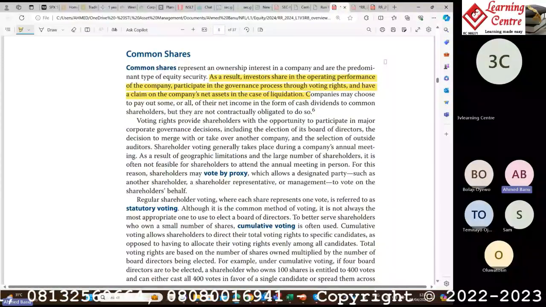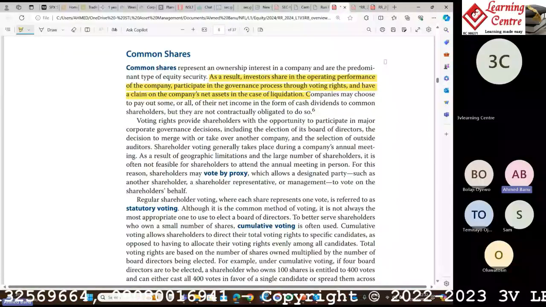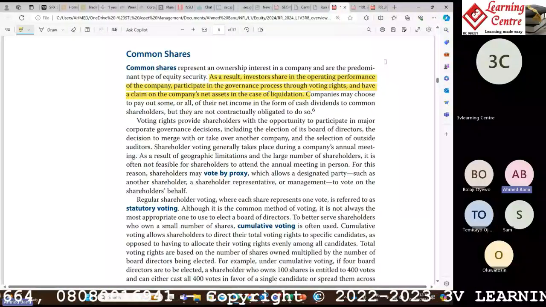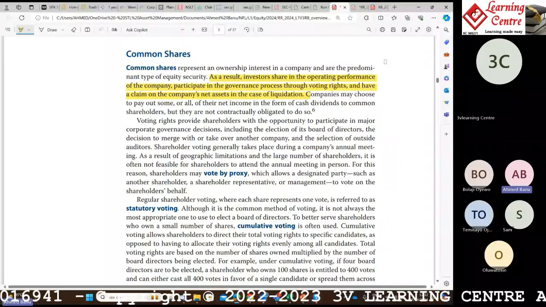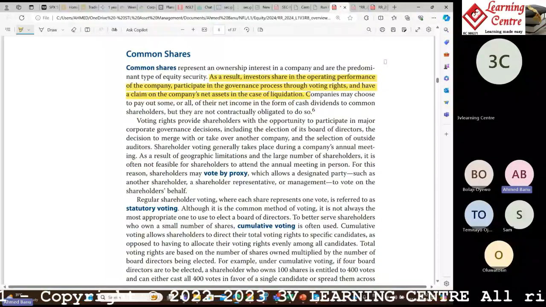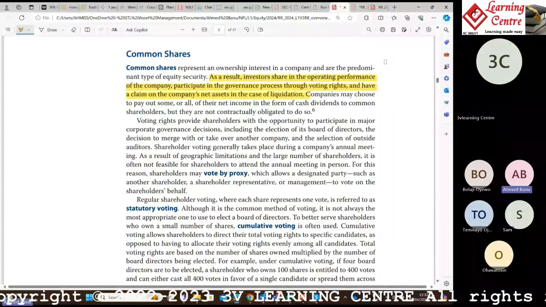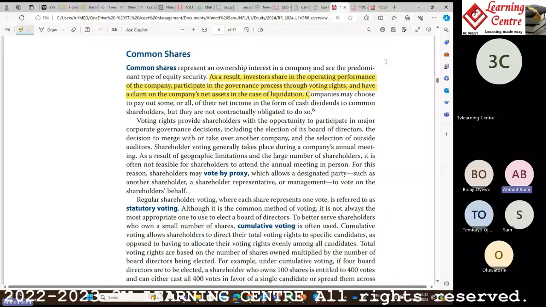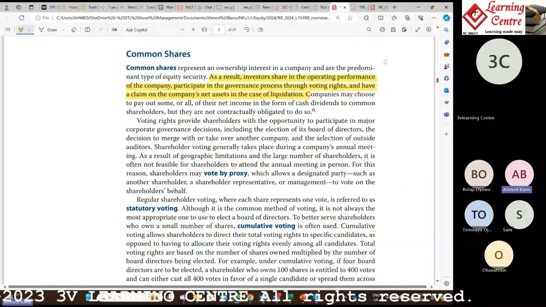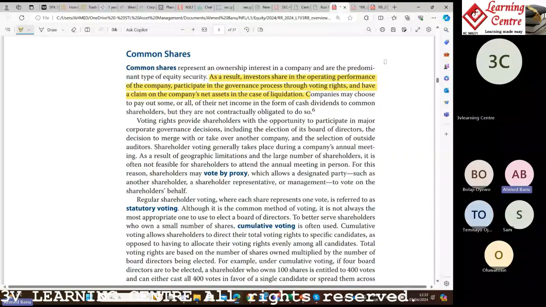So a company might choose to pay out some. Basically, what is a dividend? How do you benefit from the operating performance of the company? The company pays you dividends. So a dividend is a percentage of the company's profit at the end of the year. A company might decide to pay a percentage. I know some companies that pay all of their profit, I know some that pay a percentage, and some don't pay at all.